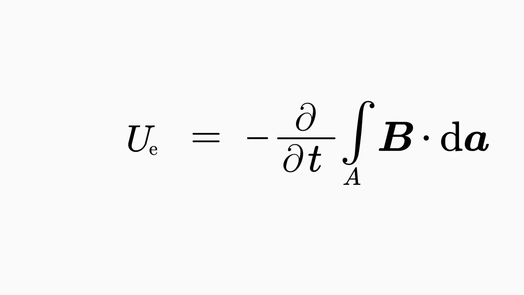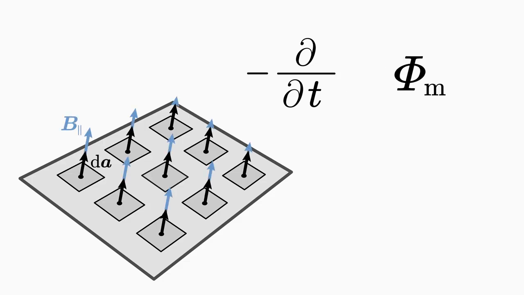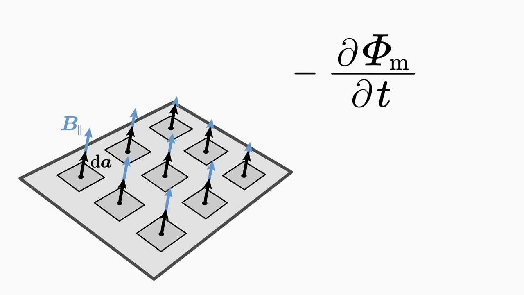On the right side, there is a surface integral of the magnetic field B over an arbitrary surface A. This integral corresponds to the magnetic flux phi through the surface A. This magnetic flux is differentiated with respect to time t. How to differentiate a function, as in this case the magnetic flux, with respect to time, you should have down pat.